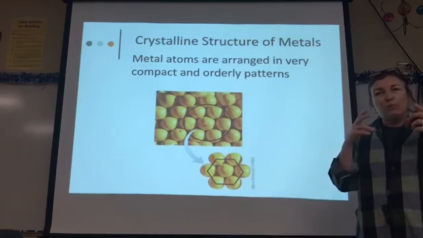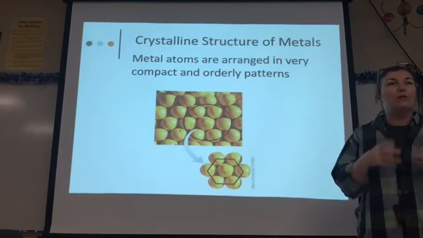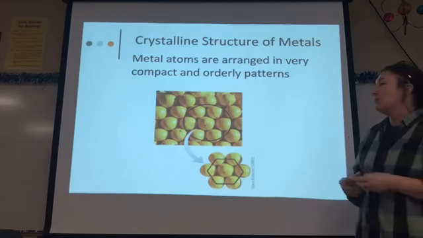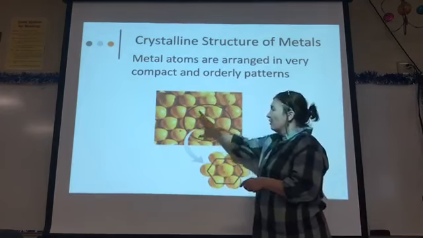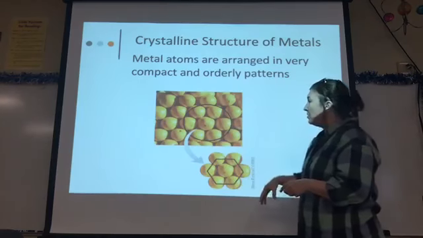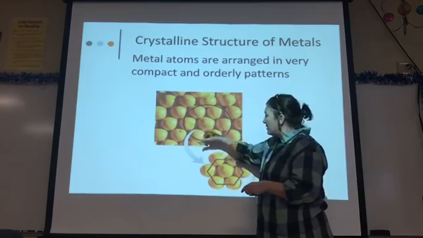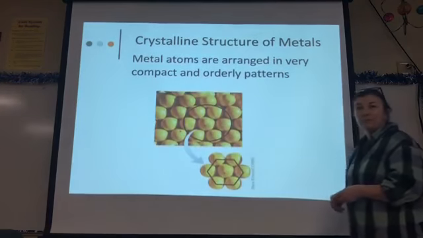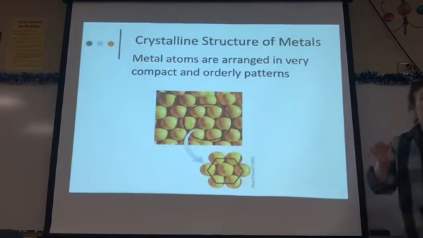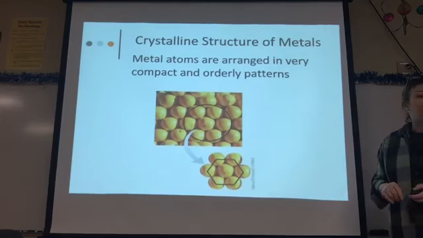There are certain crystal structures that are unique just to metals. And I kind of like this picture of grapefruit or oranges, because you can see the little spaces in between, and that is where the electrons would be. Okay?